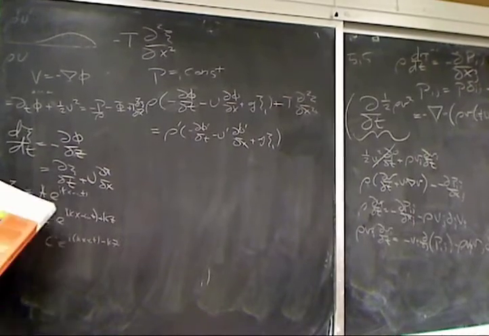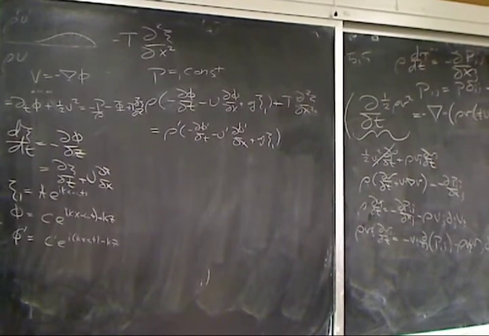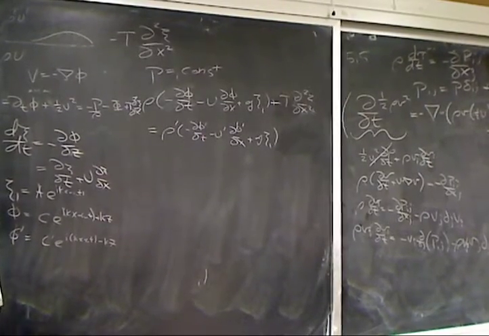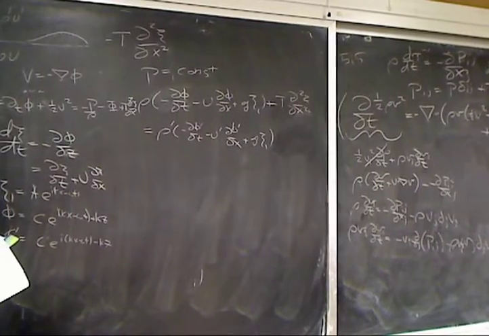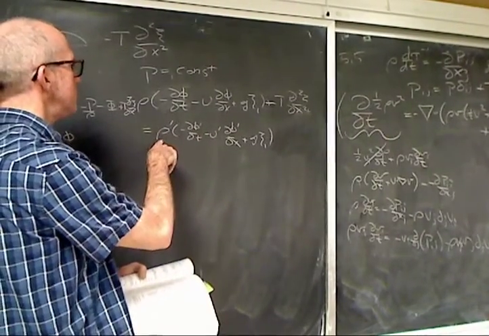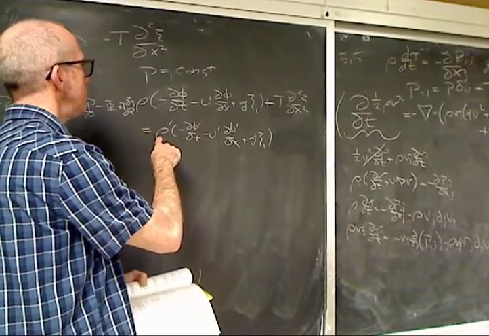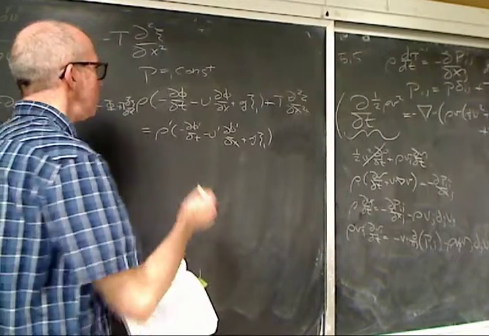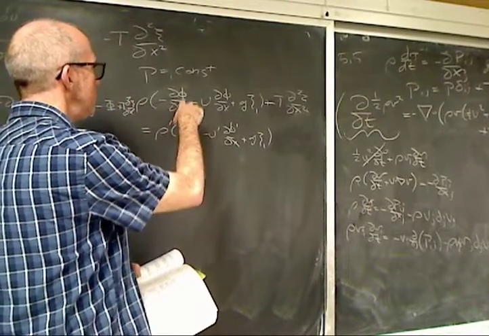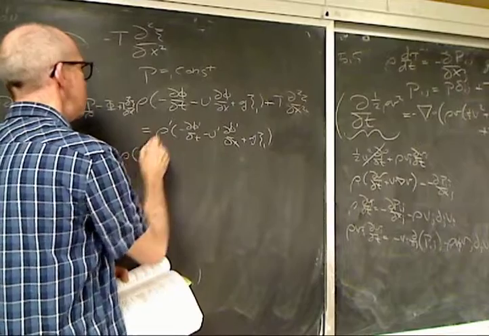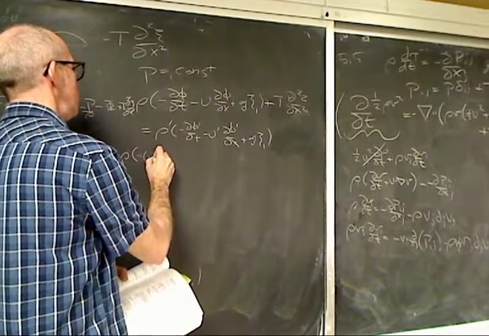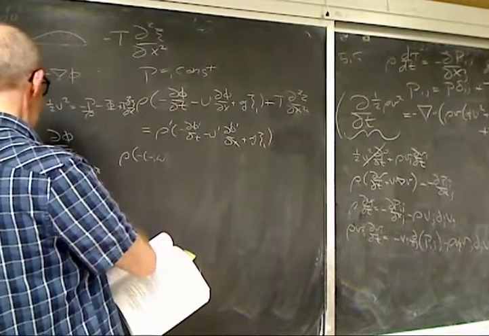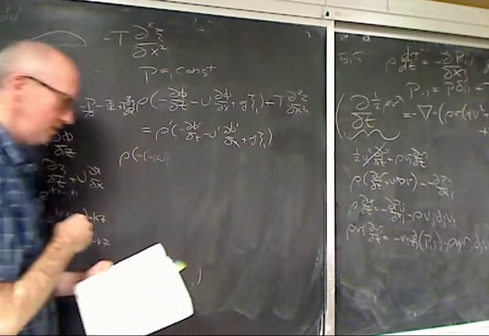Now we drop in our Fourier modes. And what are we left with? Rho is constant, so it's on both sides and it's not going to change. That's a very handy thing, so I'm not going to worry about that one. But this one, dφ/dt, so I get a rho. dφ/dt gives me a minus iω times φ, which gets c.